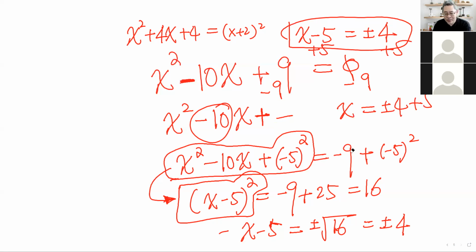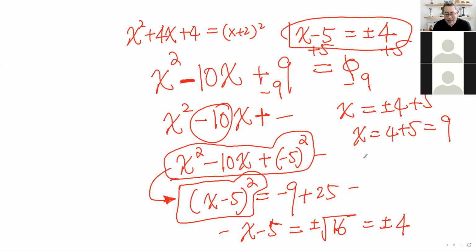Then we have two scenarios. One is plus 4, so x is 4 plus 5, equal to 9. Or x equals negative 4 plus 5, equal to 1. So we get x equal to 1 and 9.